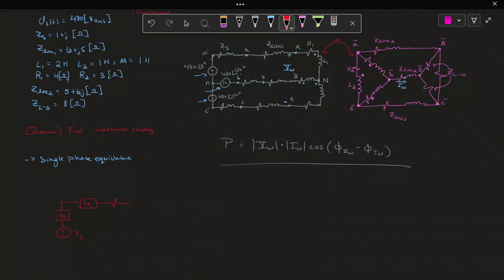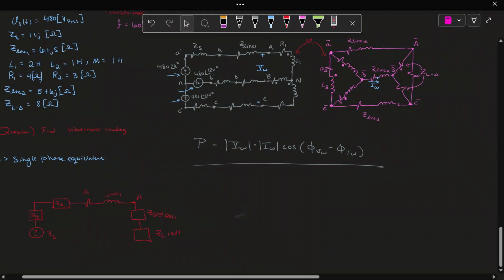Then we have R1. We have J omega L1. And then we have big A, and we have the secondary reflected, and this value we'll have to solve for, the ZL reflected.